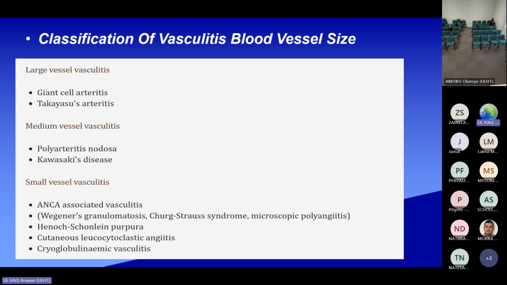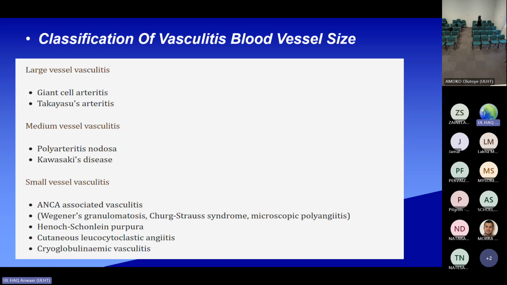Okay, so we were on the classification of the blood vessels. Classification of the vasculitis can be done in different ways, but the most commonly used is large vessel vasculitis, medium-sized vasculitis, and small vessel vasculitis.